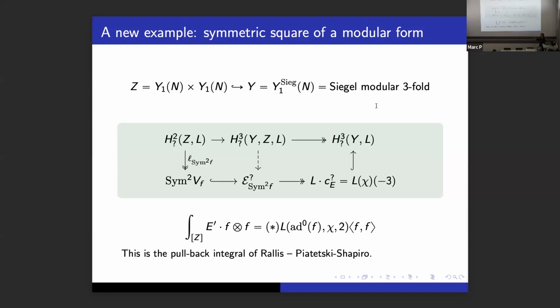So V tensor V will decompose into the symmetric square of V plus the wedge 2 of V, and I'm projecting to the symmetric square part. So this is now a three-dimensional space. This is one-dimensional, so now it's a four-dimensional kind of extension. And the relevant, again, in the world of modular forms, there's a nice explicit formula that says that if I take one of these, the primitive of my Eisenstein series, and integrate it against my modular forms, or the two copies, I get an L value.